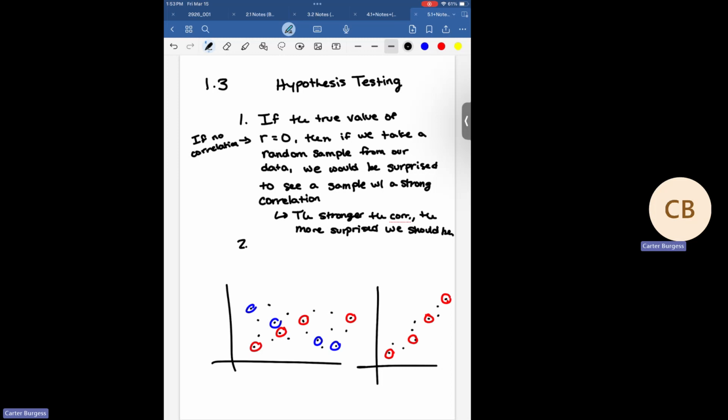If I pick just 4 random points and get a strong correlation versus picking 8 random points and getting a strong correlation, well, it should be a lot harder to find 8 random points that are giving me the strong correlation. So a larger sample size makes this even more unlikely.